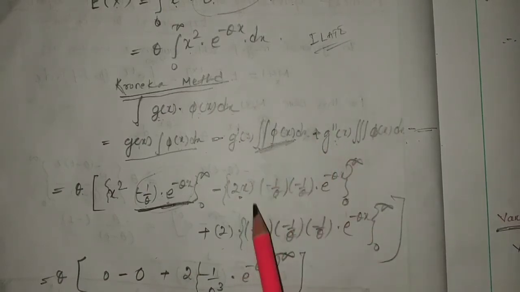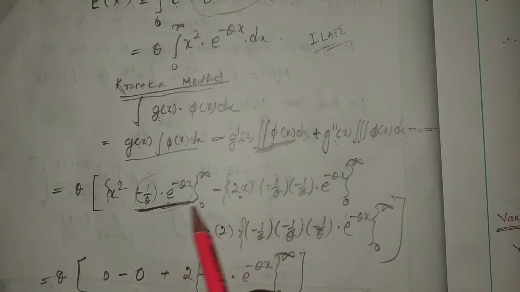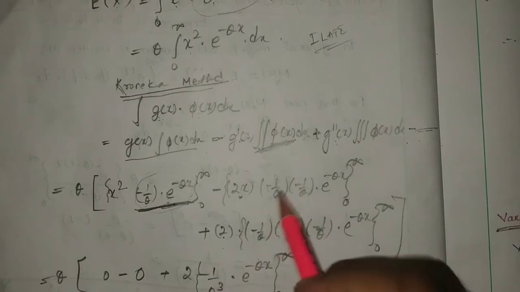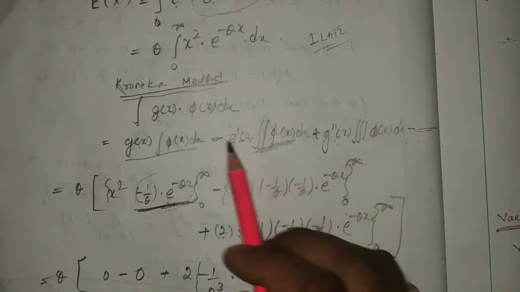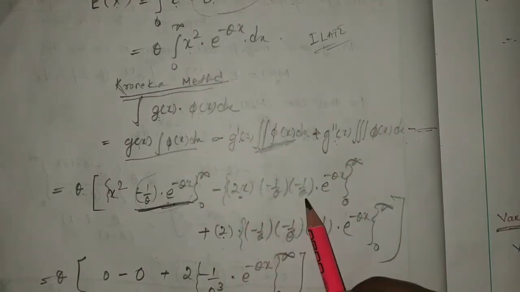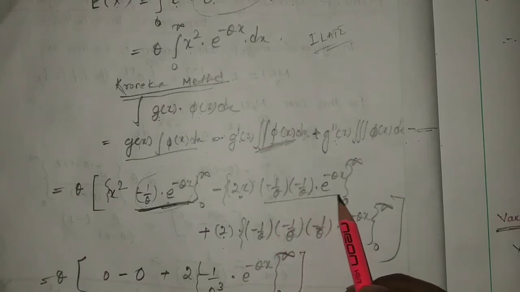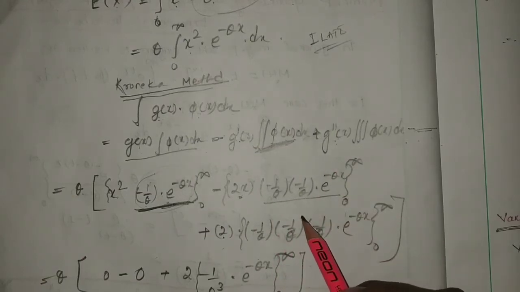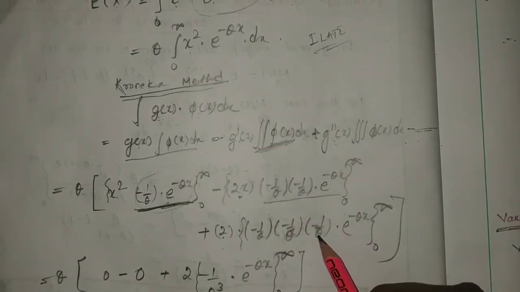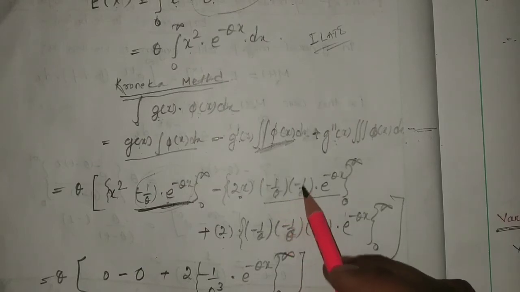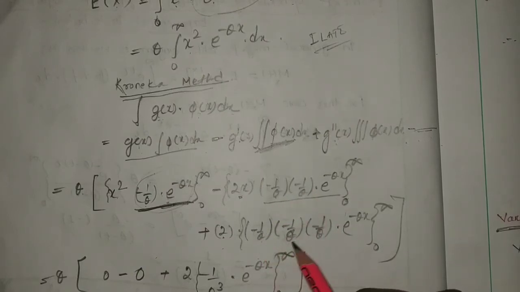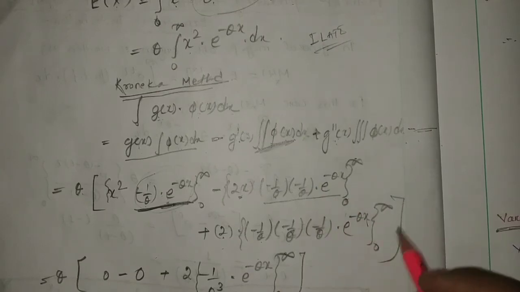The first derivative is 2x, the second is 2, and then the triple integration of phi(x). The double integration of phi(x) is this one; again I consider the integration, that means minus 1 by theta, minus 1 by theta, minus 1 by theta into e to the minus theta x, 0 to infinity, right?